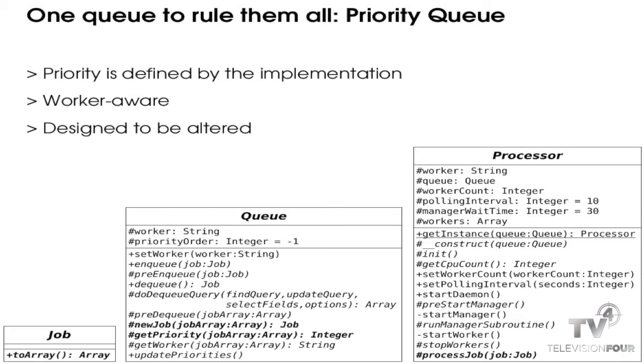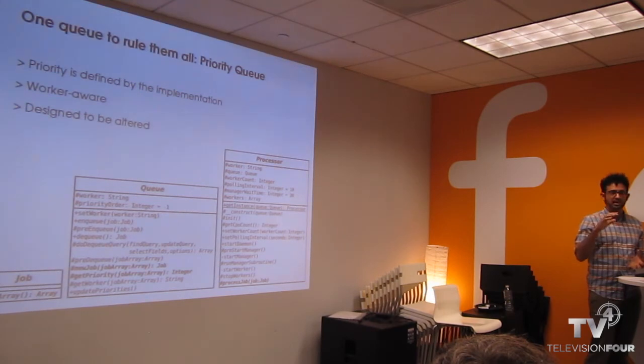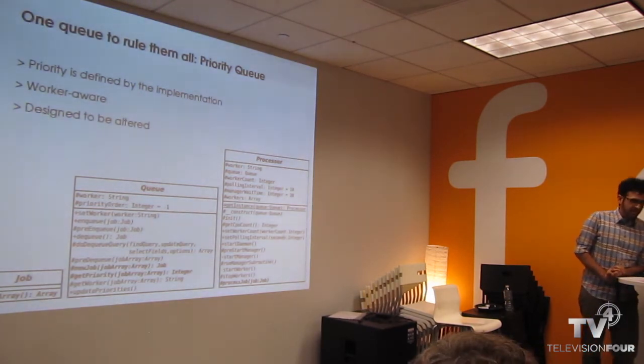So the job has that toArray method. That's how I convert things to send them into MongoDB. I have that in almost every one of my objects that I store in MongoDB. It just turns it into an associative array. And then usually the constructor converts it from an associative array back to an object of that class. For the Q class, worker identifies the current worker.